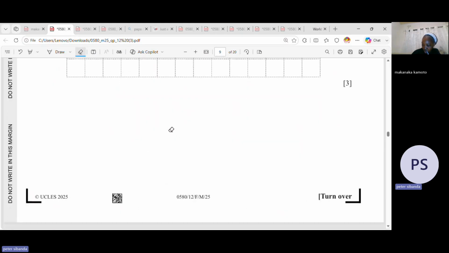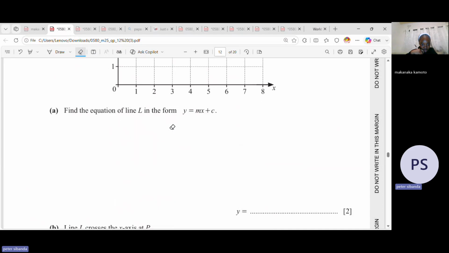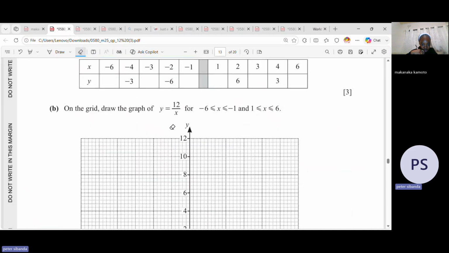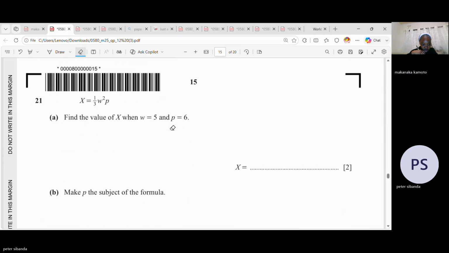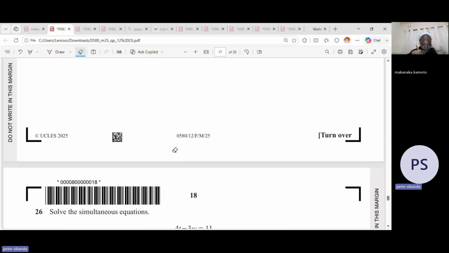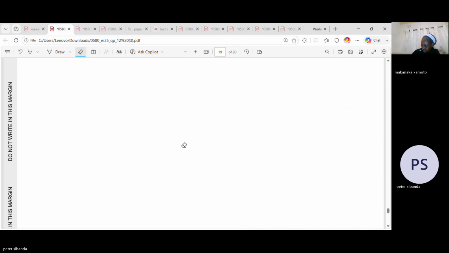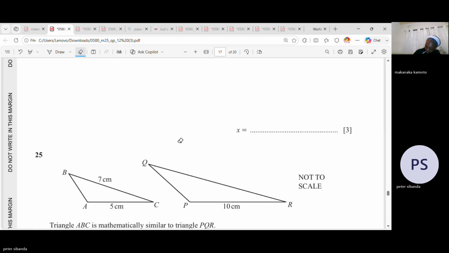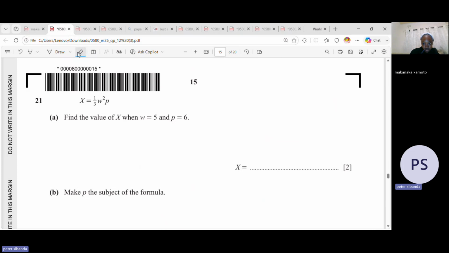Hopefully we start with the one that is not very difficult and we move from easier ones to more complicated ones. We can do the subject of formula as well. There are simultaneous equations. Let's just do those. So let's come back to this one.